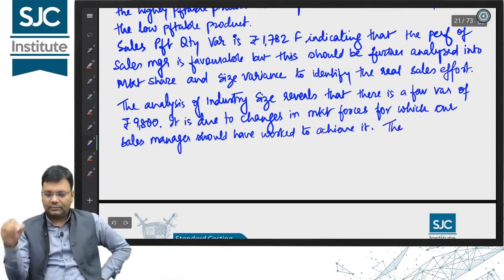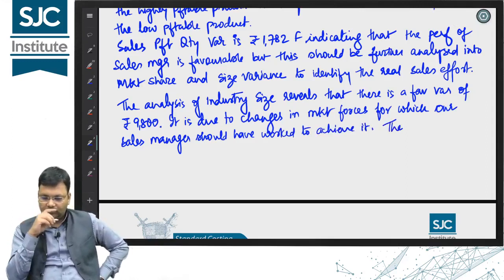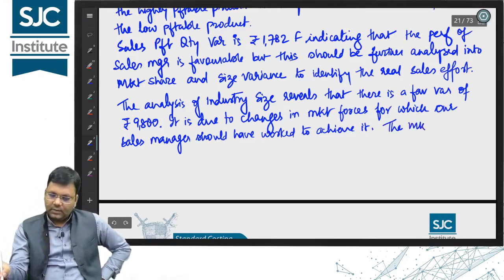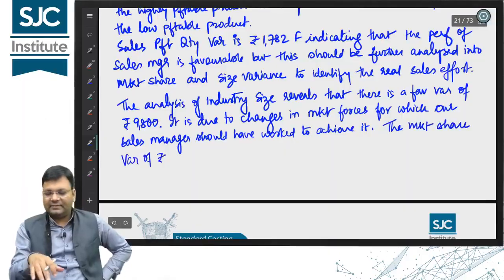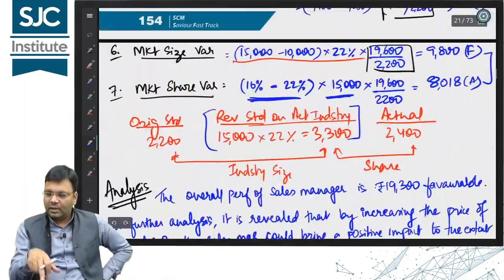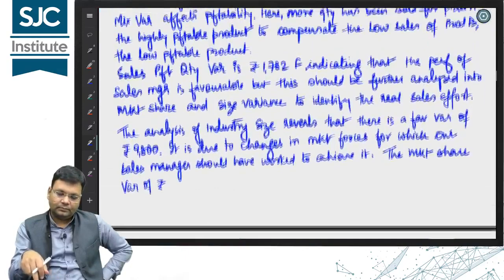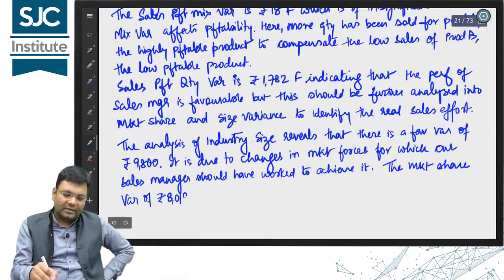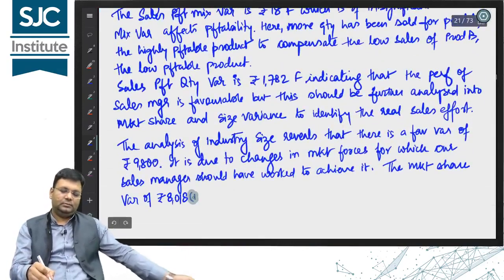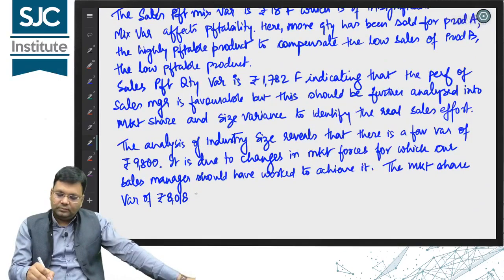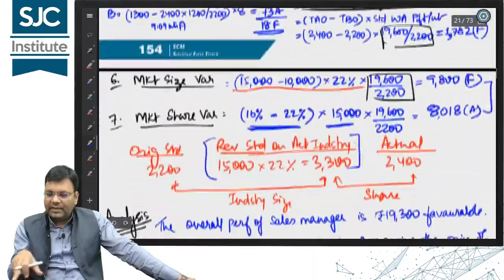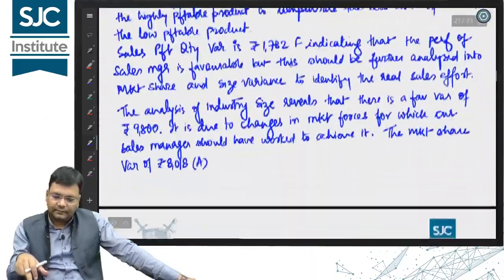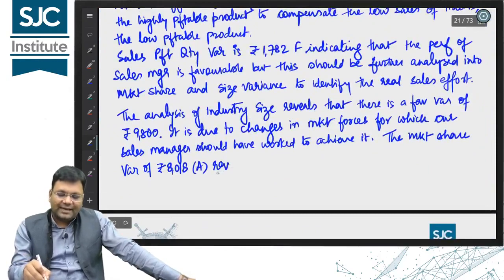Next, the market share variance of rupees, how much it is? 8018 adverse, right?